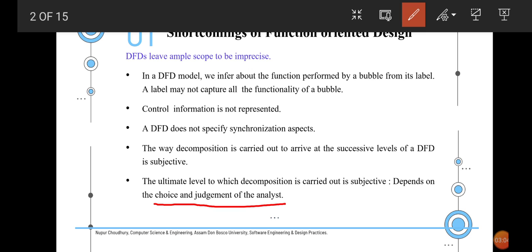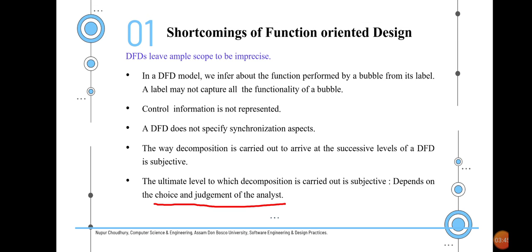But it depends upon the designer or the analyst to which level he perceives a non-decomposable process. So it might be that at level 2 itself some people represent it as a non-decomposable process, or sometimes it may go beyond level 5, level 6 before stopping further decomposition. So it depends entirely upon the analyst, which means it is entirely subjective. That leads to various ambiguous situations as to which particular process should run for what amount of time.